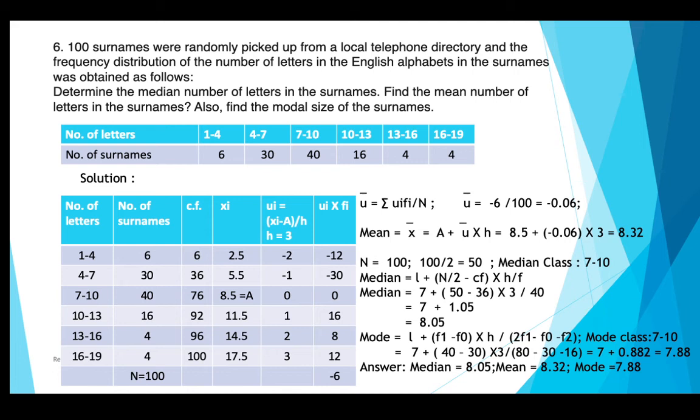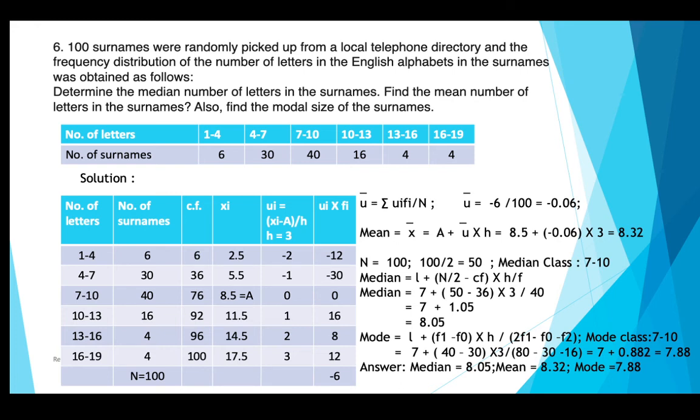In this case, determine the median number of letters in surnames, and find the mean number of letters in surnames. The number of letters is given, it's a continuous class, so no problem, number of surnames. Now we need to calculate the mean also, so that is why we have calculated ui here. The cumulative frequency table is there, calculated from the frequency table.